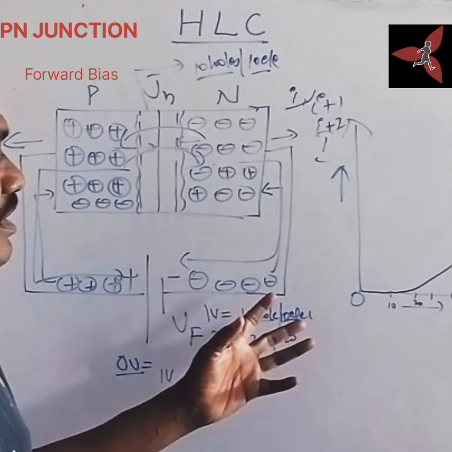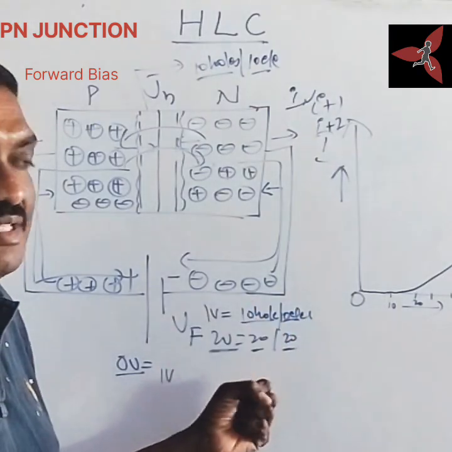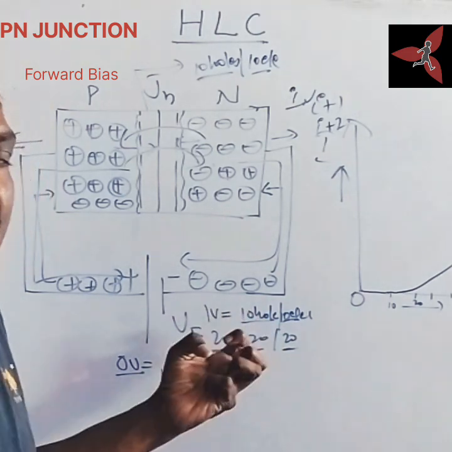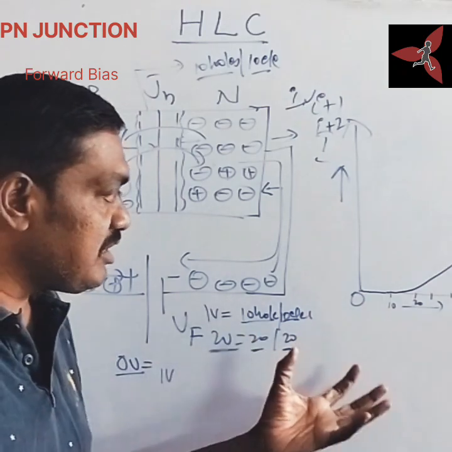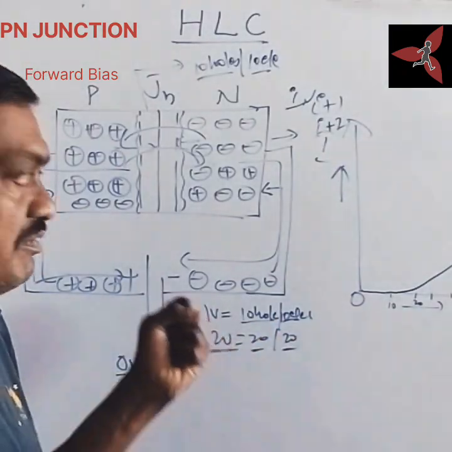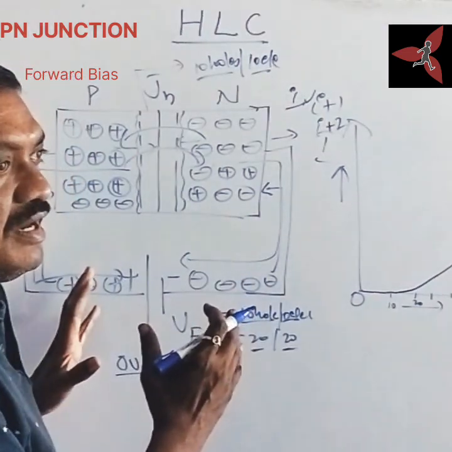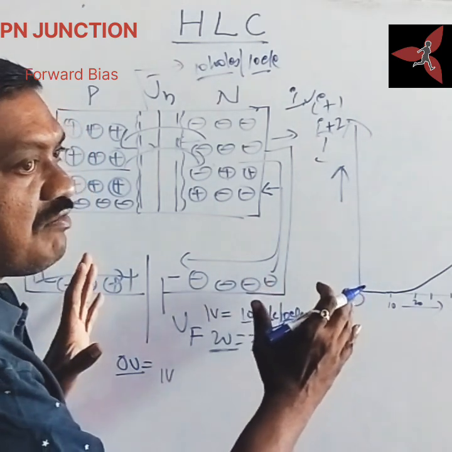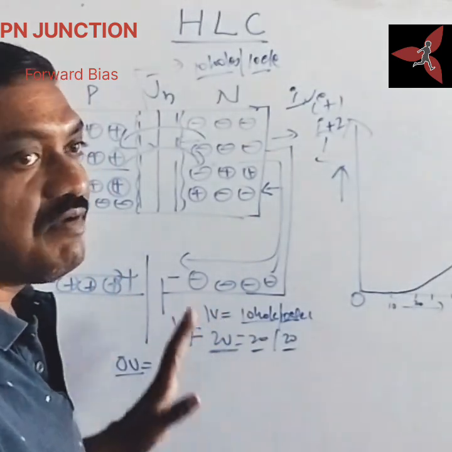This is the characteristic. Characteristic means the behavior of the device. We analyze the behavior of the device by varying the voltage and seeing how current varies in the device. That is what we call VI characteristics. So this is the working and characteristic graph of a PN junction diode in forward bias in the simplest way.